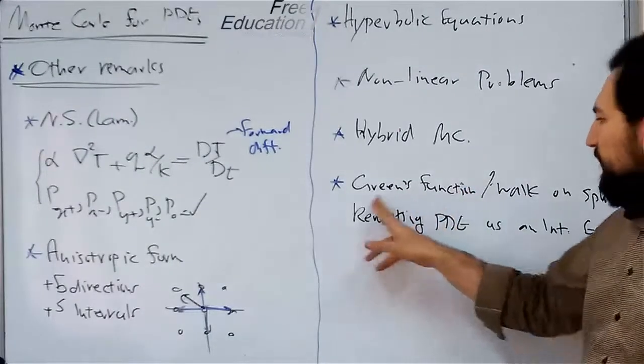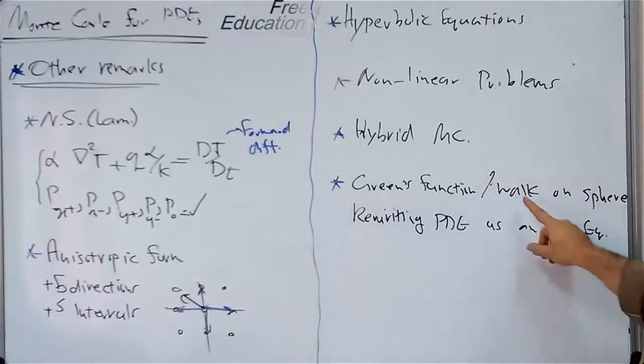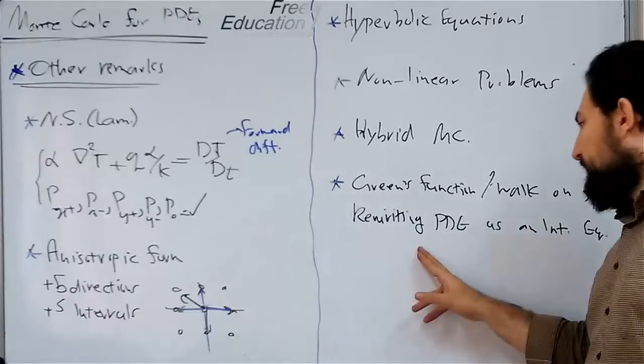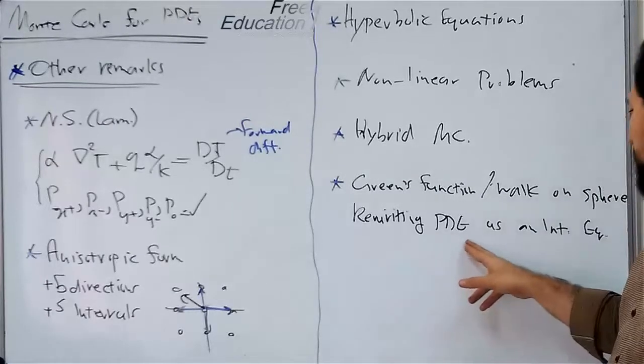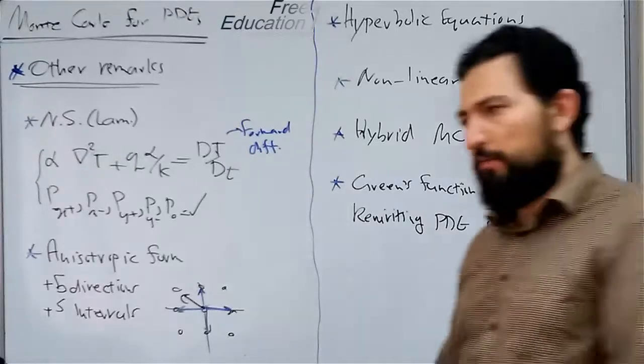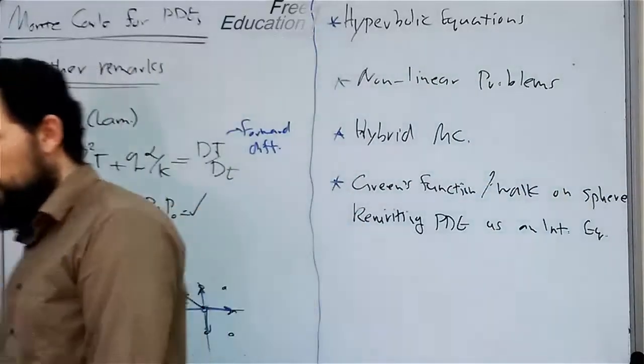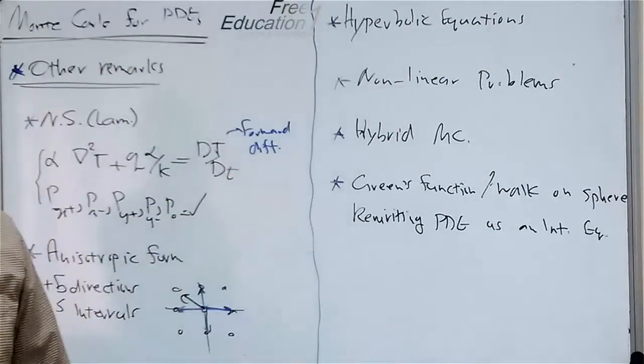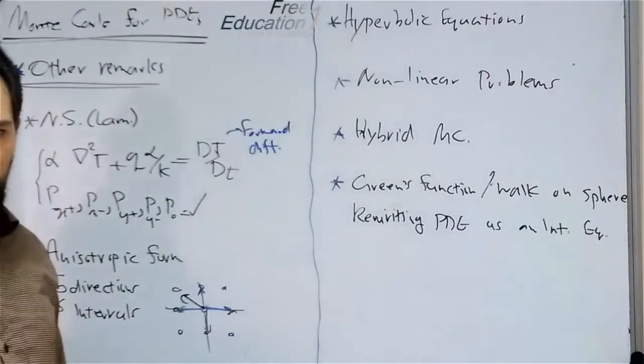For example, the Monte Carlo based on the Green's function, or based on the walk on a sphere process, or the Monte Carlo method after rewriting the PDE as an integral equation. So you can first convert the partial differential equation to its equivalent integral form, and then use the Monte Carlo method.